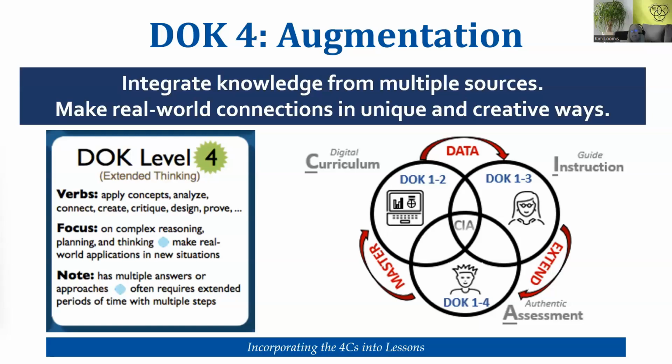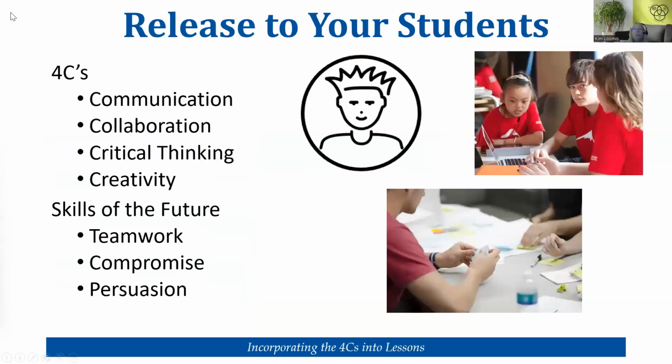And that's where this risk taking becomes really important for our kids to get to those DOK level 3 and 4, that extended and strategic thinking. They need to have that comfortability to be able to do that. So when we're thinking about our units of study for the 4 C's, communication, collaboration, critical thinking, and creativity, it's because we're thinking of skills, the soft skills, like you all mentioned up in the chat a moment ago, that they're going to need not only to be successful in school, but they're going to need to be successful in life, in their home life, at family, right?